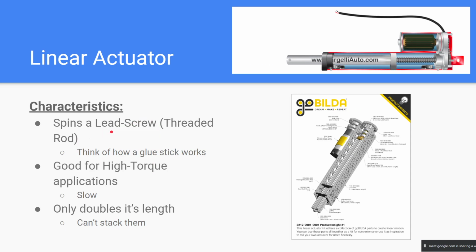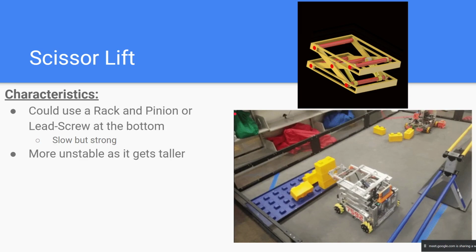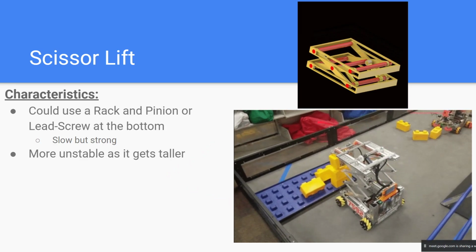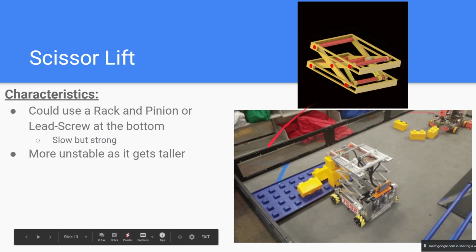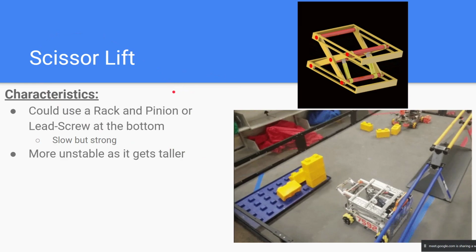Torque means strength, essentially. The stronger you are, the slower you are. The weaker you are, the faster you are. It's slow rising, but this team was able to do it. I think they did it pretty well. This is okay. But yeah, scissor lifts. That's it.